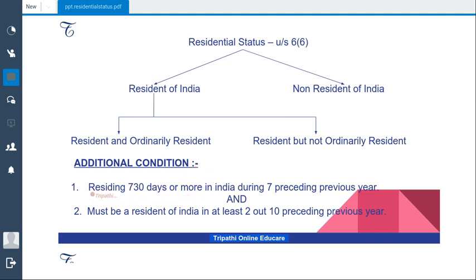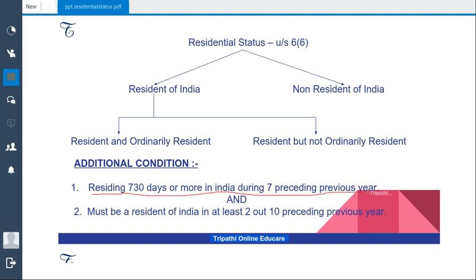The first additional condition is residing 730 days or more in India during 7 preceding previous years. And the second additional condition is must be a resident of India in at least 2 out of 10 preceding previous years. So if he fulfills both the additional conditions, he will become resident and ordinary resident. And if he is not able to fulfill both the additional conditions, then he will become resident but not ordinary resident.